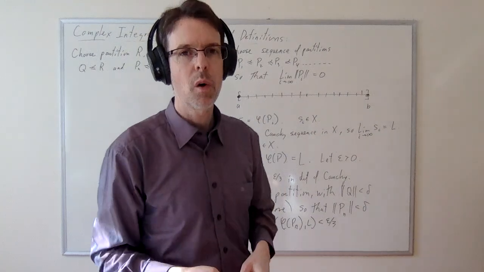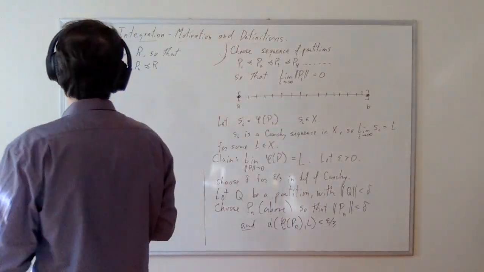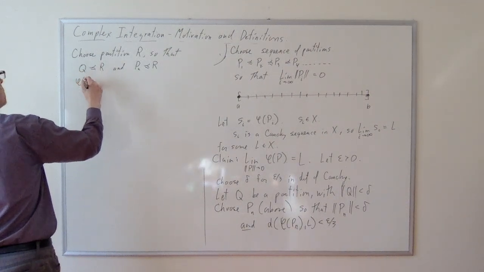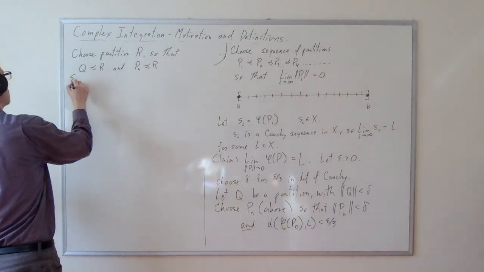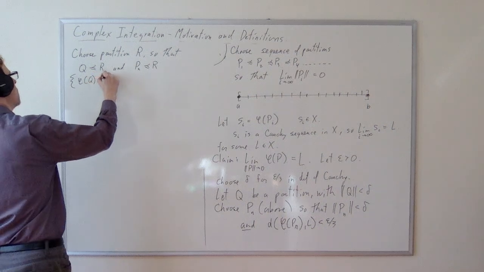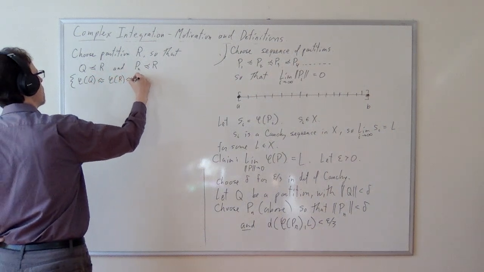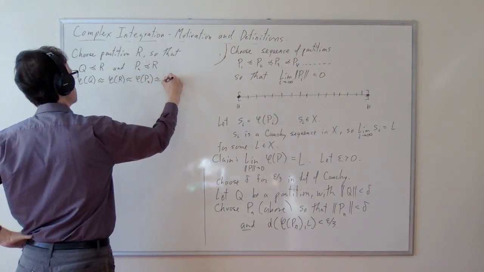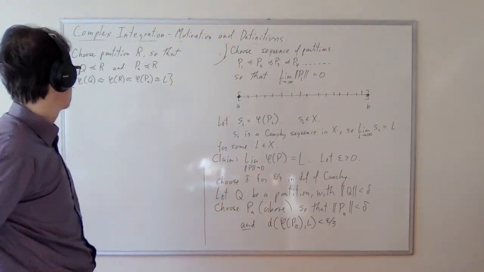You just merge together all the endpoints available in either one, and you get a refinement of both of them. Just as an aside, the idea is that phi of Q is approximately equal to phi of R, which is approximately equal to phi of Pn, which is approximately equal to L. And I just need to make that formal, and then this will work.